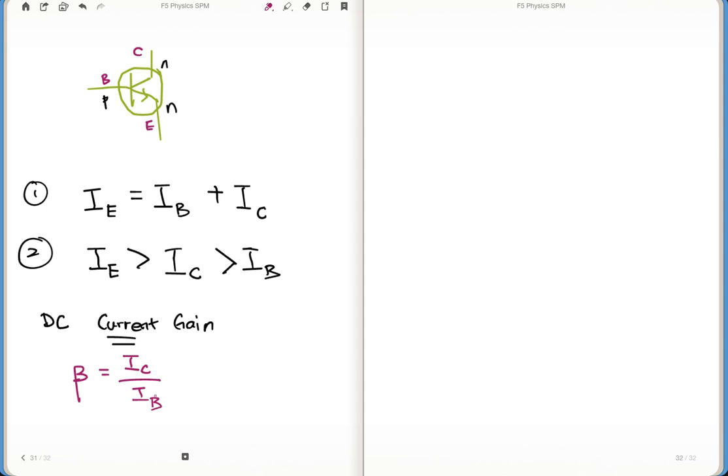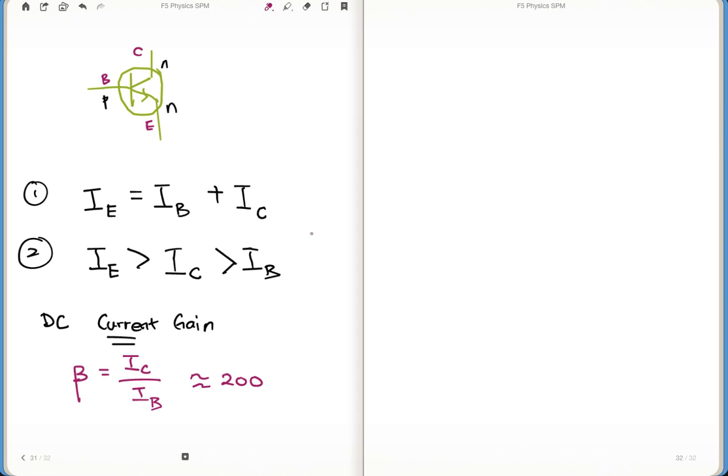So the ratio between IC and IB is called beta. And the ratio is normally around 200, so it's about 100 times. So meaning if you have a few milliampere, your IC will be a few ampere. A few hundred times is actually possible. Okay, that's the first thing.